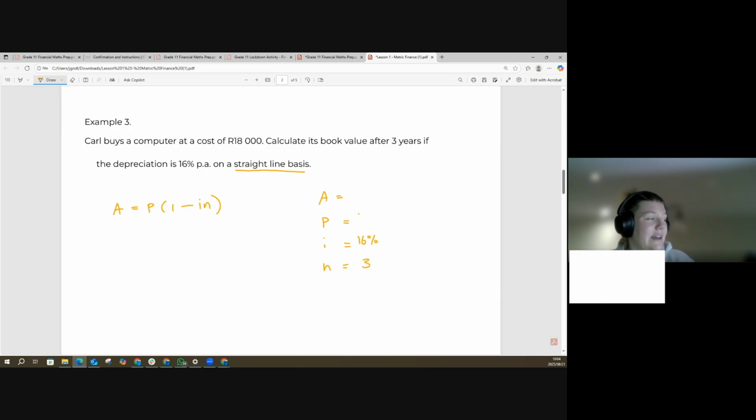We know that it started at 18,000 and we want to figure out what our A is. So we're literally just going to put that into our calculator exactly like that. So you shouldn't even get 2 marks for this question. You really should just get 1 mark, if I'm perfectly honest. I'm going to be kind and give you 2, but this is really a 1-mark question. And your final answer is 9,360 Rand.